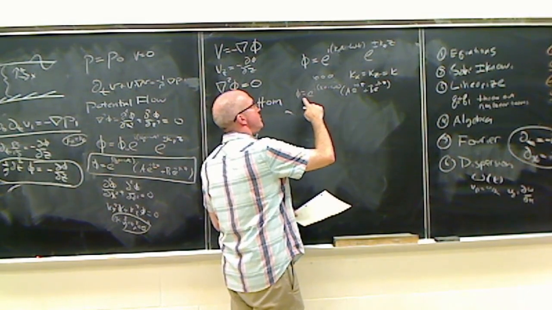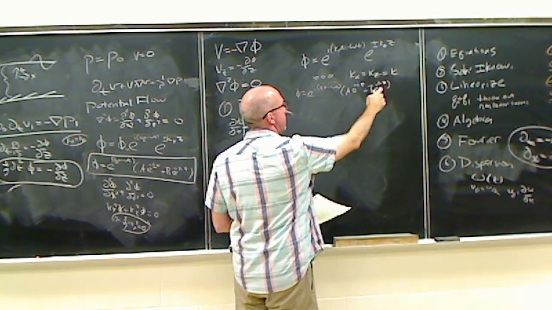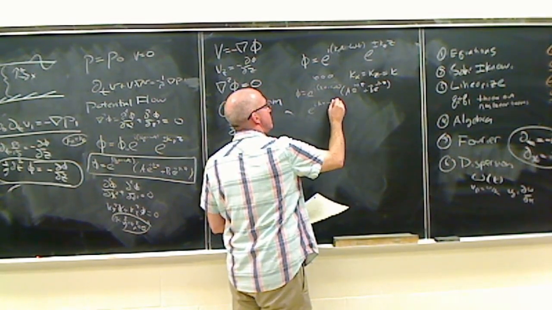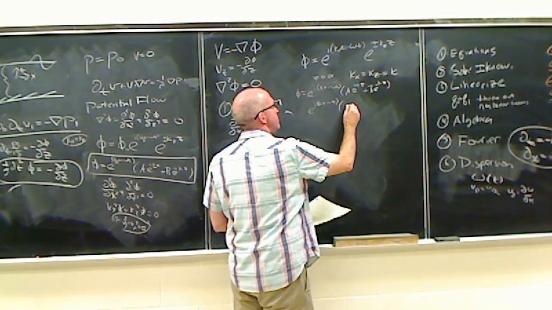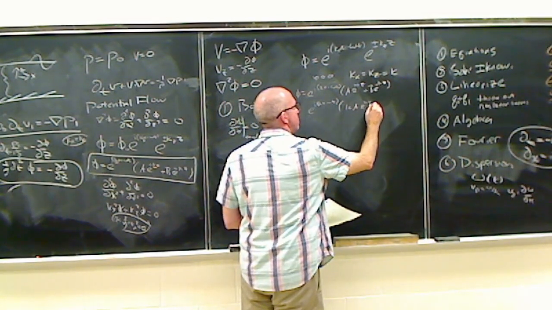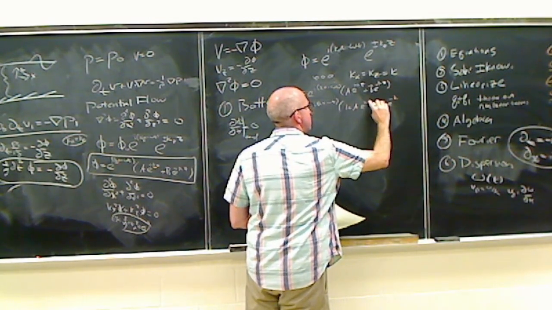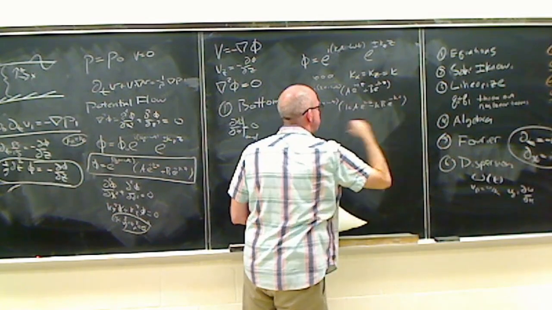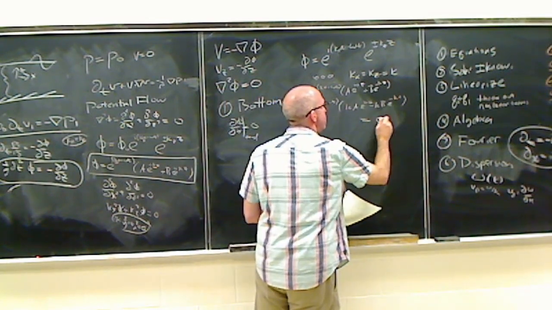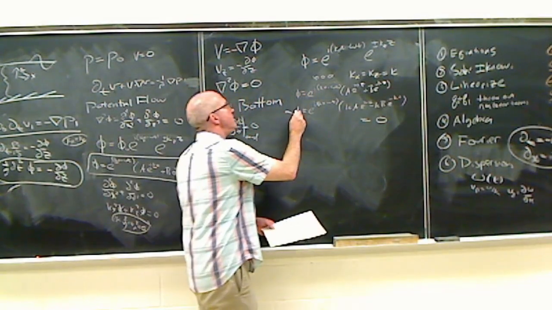I take the derivative of this with respect to z, and I pull down a k and a minus k. So this becomes e to the i(kx minus omega t) times (k a e to the kz minus k b e to the minus kz). And this has got to equal 0 because of the boundary condition. Sorry, not phi, this is d phi dz.